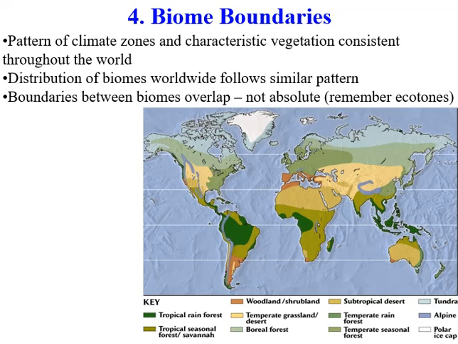But if you look at the world and you consider where it rains a lot and where it's warm, these are things that we're familiar with because we've looked at these earlier in the semester. So you know by the equator it's very warm, and you also know by the equator that it rains a lot. It's very wet. And as you move north from the equator or you move south from the equator, it gets both drier and it gets colder.